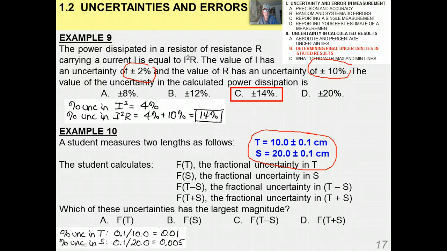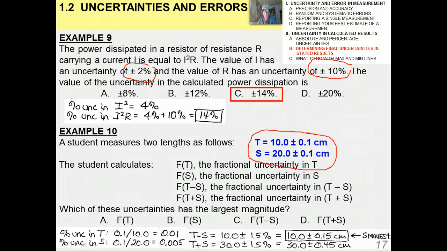Percent uncertainty in T is 0.01, that's 1%. Percent uncertainty in S is 0.5%. T minus S, T plus S, okay? This one is going to be the smallest, all right? So the answer would be C, which is F of T minus S, okay? All right.